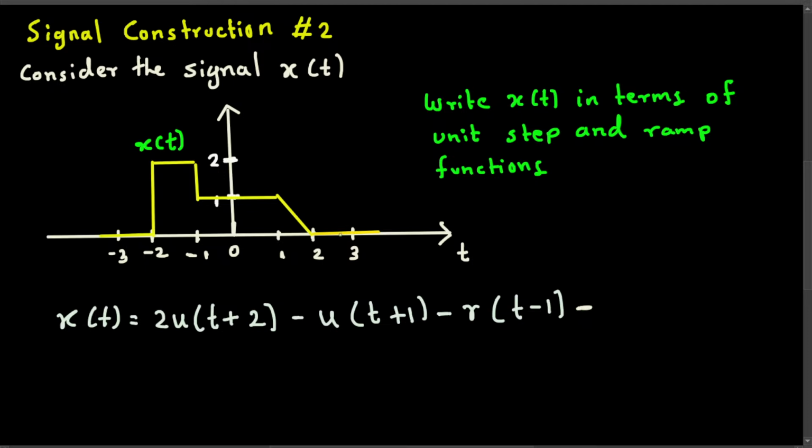Now you have to see, if you put a u of t, let's get rid of the minus. We have to think in terms of which value makes it go flat, since there's a negative slope going on. When you see flat, you may think this is a u of t, but if you put a u of t, it's going to jump up 1 unit and go like this.